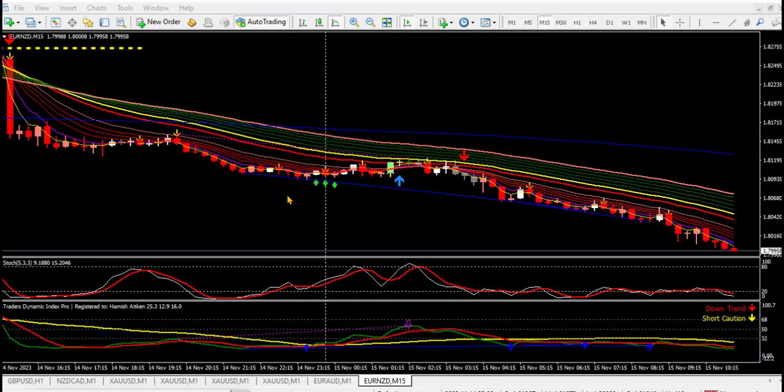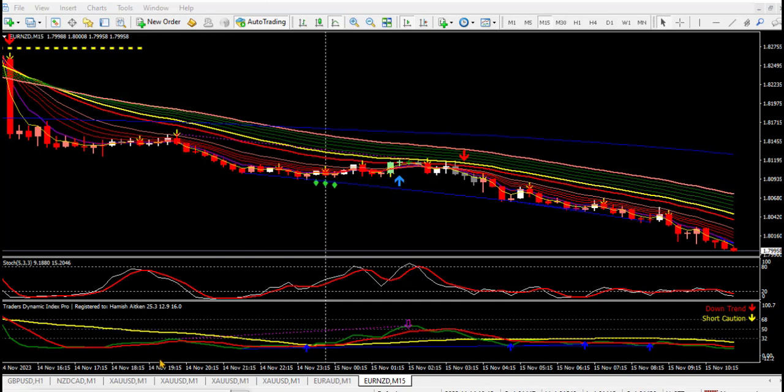This strategy can be used on the indices like Nasdaq, US 30 or NAS 100. Any indices at all, you can use this particular strategy. You can use this on stocks like Amazon, Facebook, as many stocks as you have on your MT4. Having said that, let us move on.